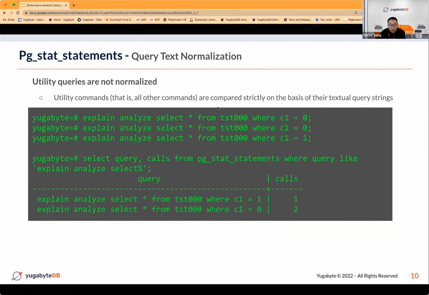But not all queries are normalized. For example, if I add explain analyze, that makes this query a utility, then it creates two separate entries for them, and it doesn't replace any constant in this query.